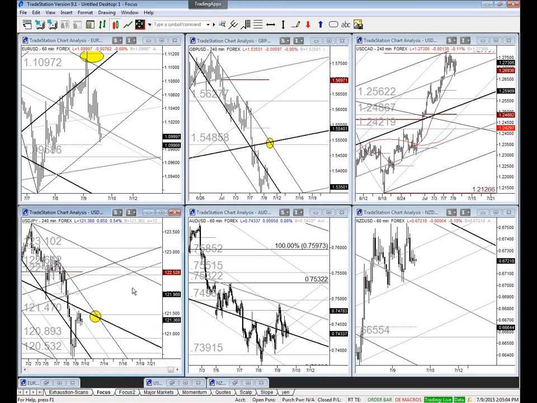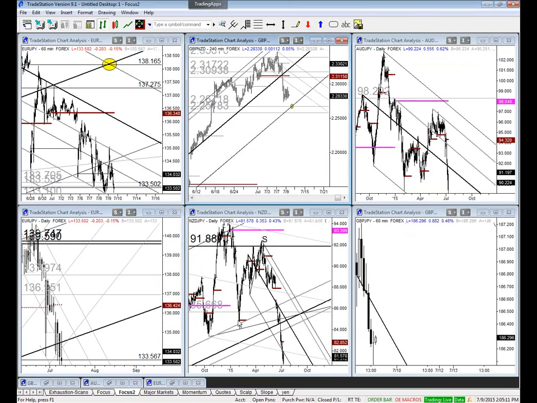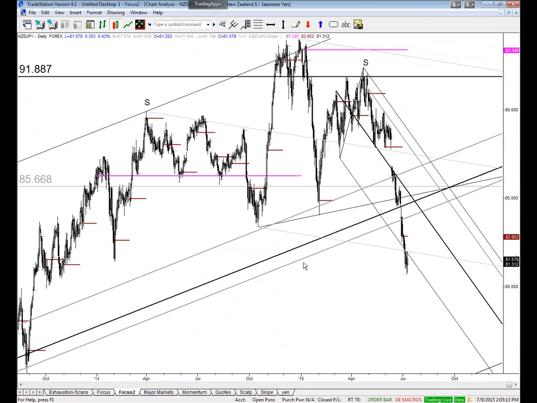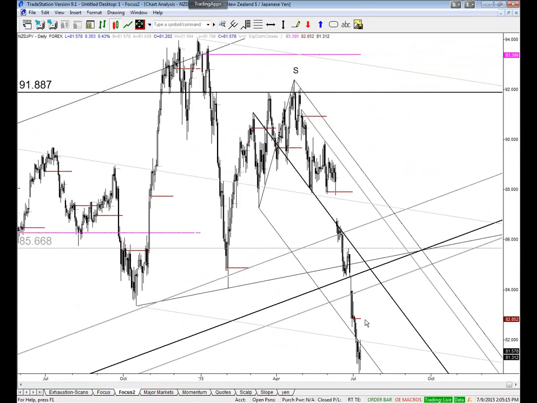Okay, so look to take setups. I'm aware of the Kiwi yen pattern. If it trades higher into resistance, like here's Kiwi yen, right? If it's able to trade up back into resistance, here's a combination of horizontal and slope.